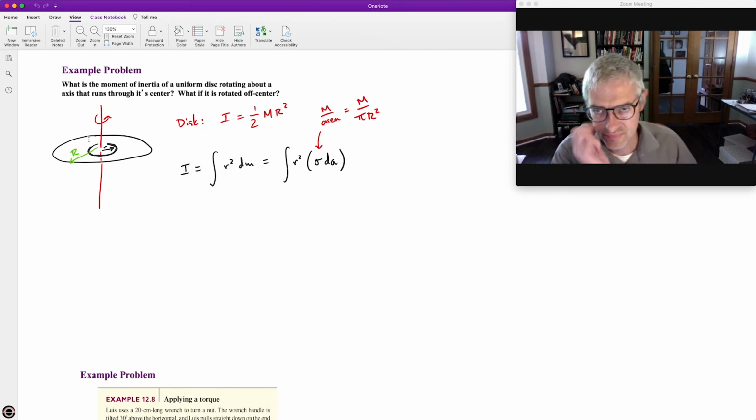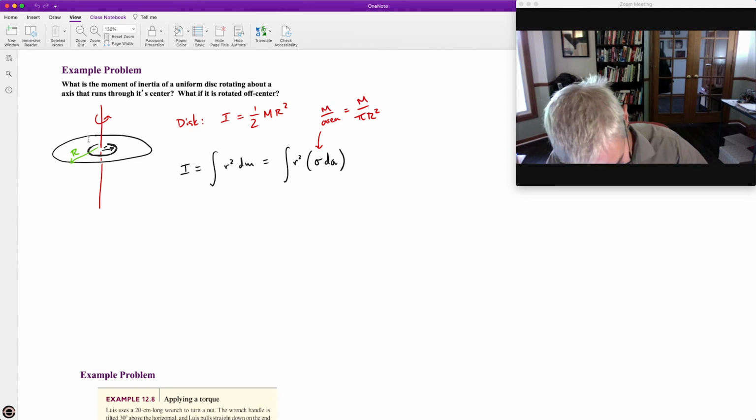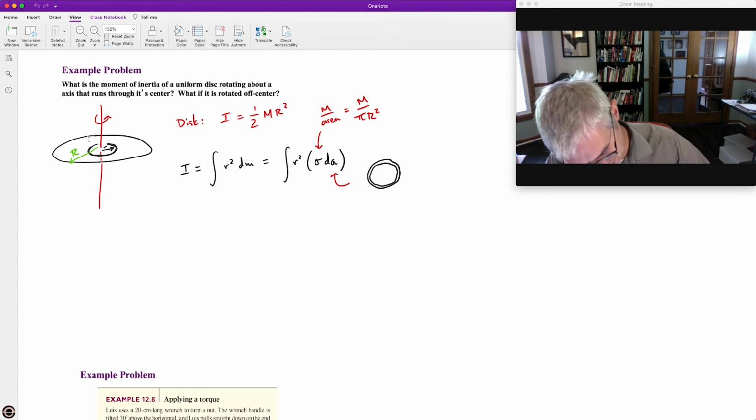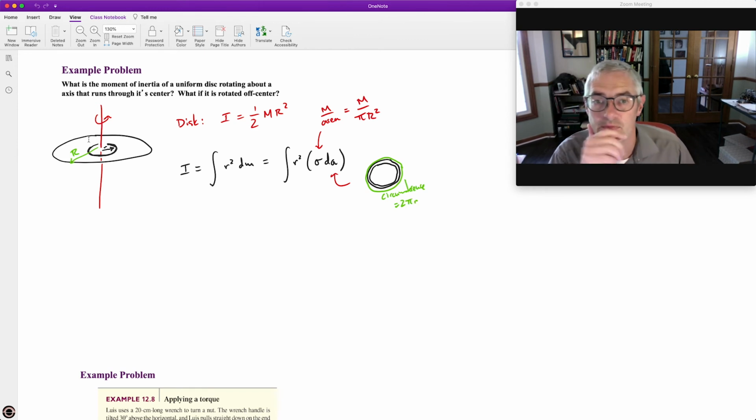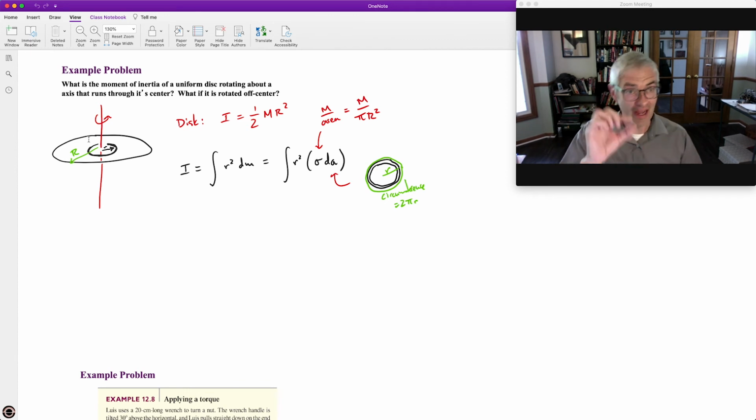And this dA, think of it as the area of this little bitty ring that we're integrating. So it's going to be the length around it, that's my circumference, which is equal to 2 pi r, where that's r, and then times the width, how wide that little area is inside of there.